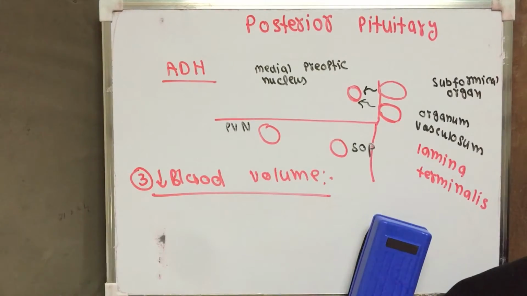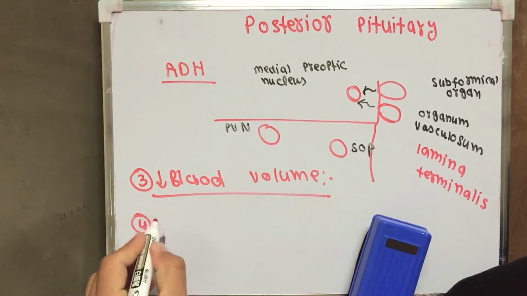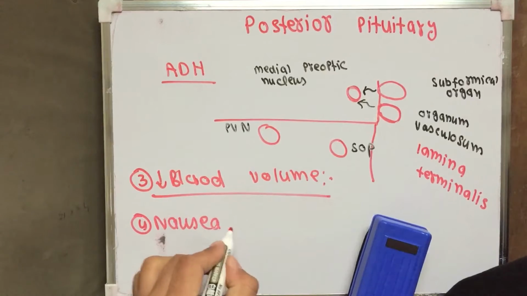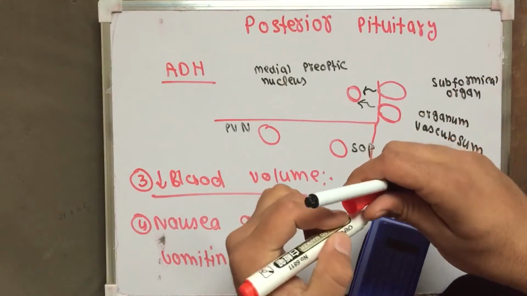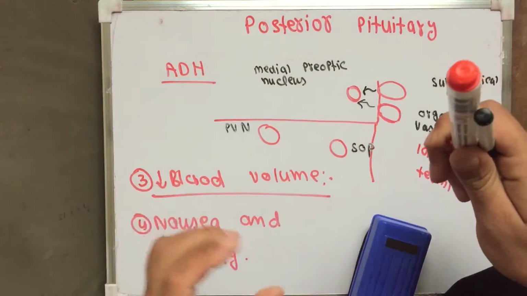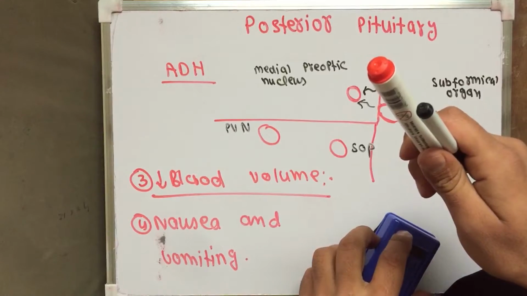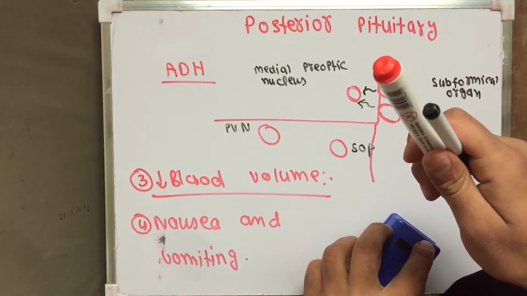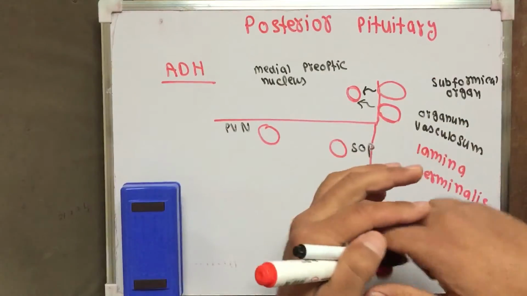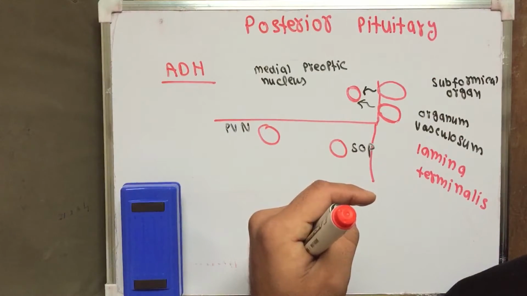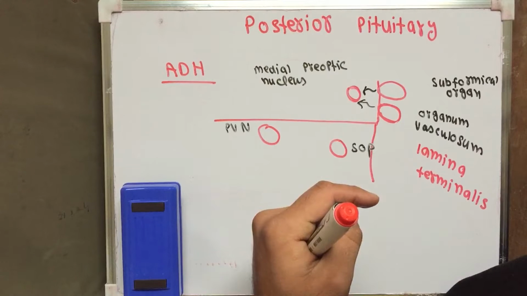Another thing, nausea and vomiting, also cause the release of antidiuretic hormone, because in these cases we also see that blood volume decreases. So these are some conditions in which blood volume decreases.